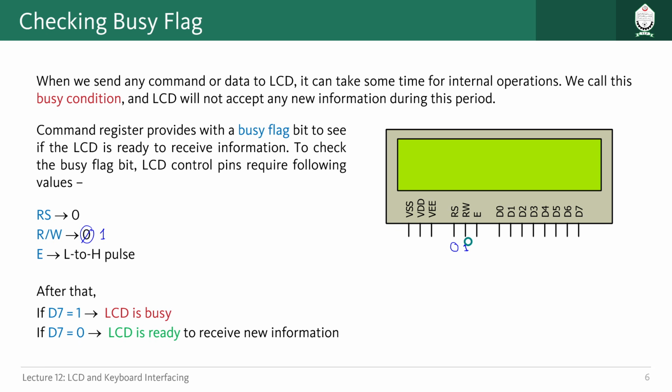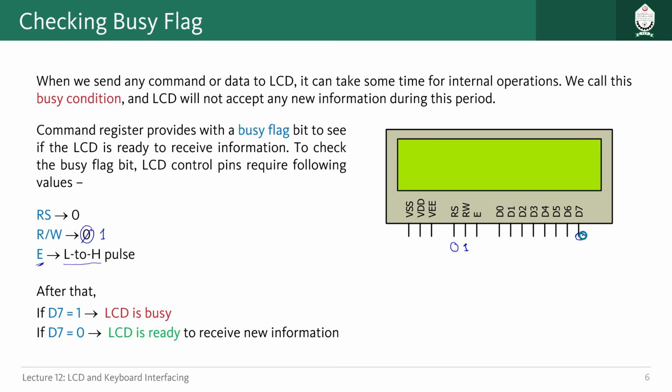Then we send this command to our display to let it know we want to read something, which is the busy flag, right? To do that, we finally give a low to high pulse to our enable pin. Then we have to check specifically the D7 pin, and the command register will send its data, the busy flag, through this particular pin.